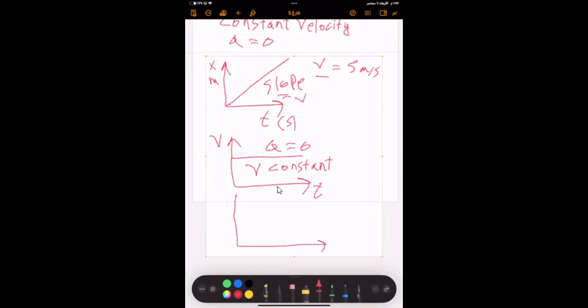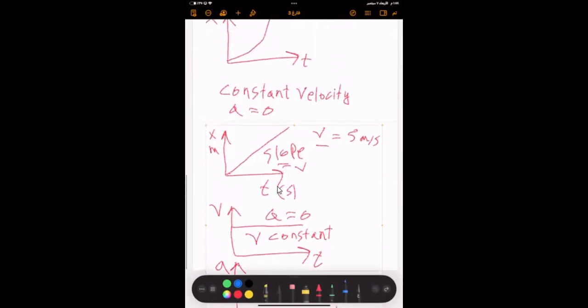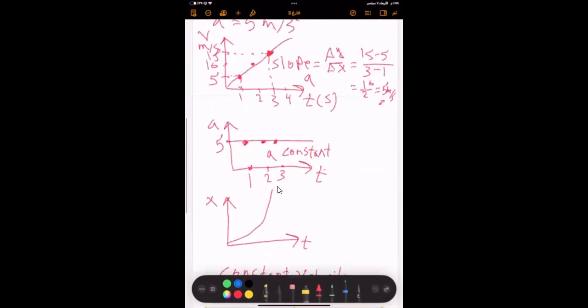For the acceleration-time curve, the curve will be a straight line along the x-axis, since a is equal to 0. This is the three graphs for a constant velocity, and this is the three graphs for a constant acceleration.